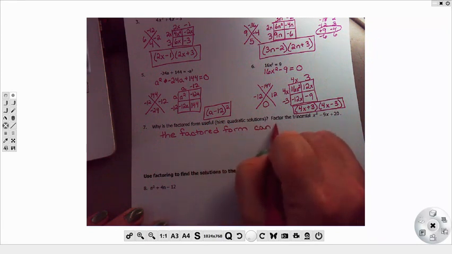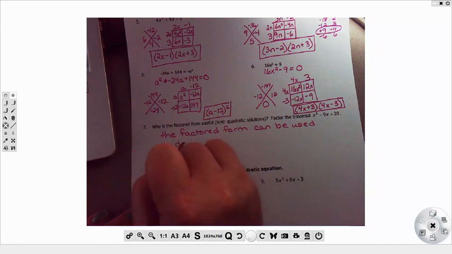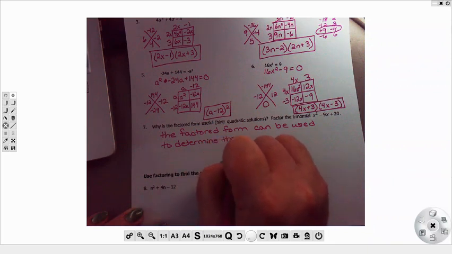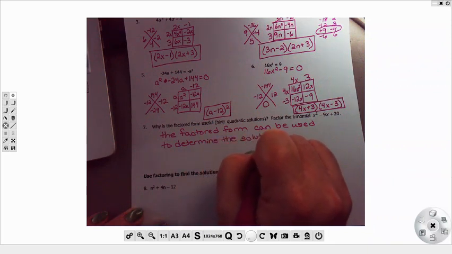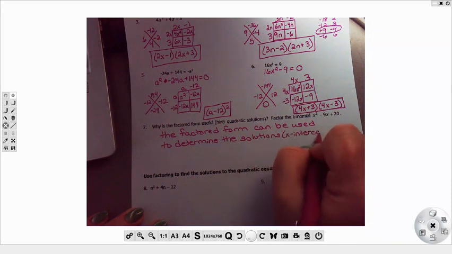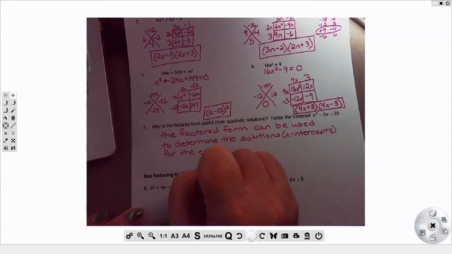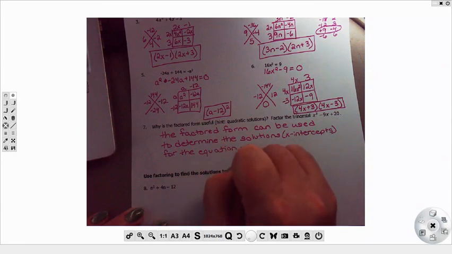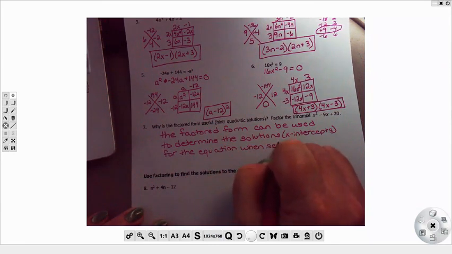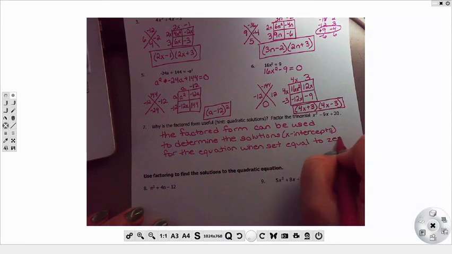Okay, so the factored forms can be used to determine the solutions or x-intercepts for the equation when set equal to 0.